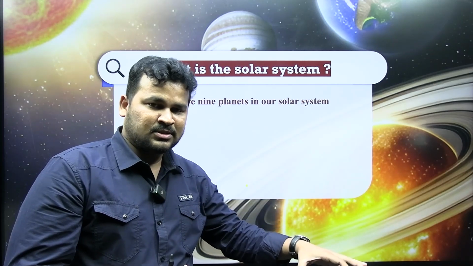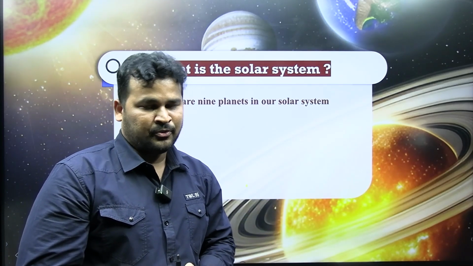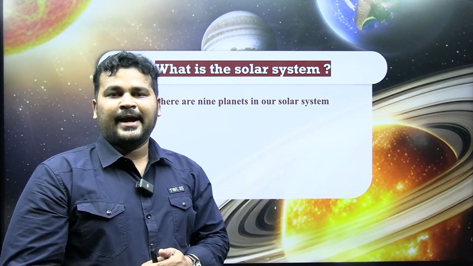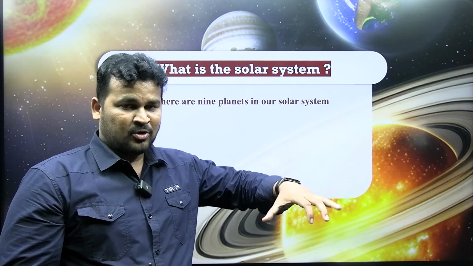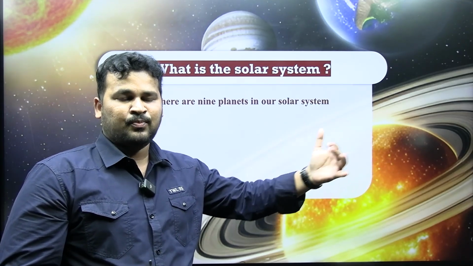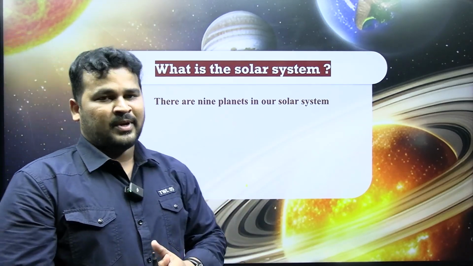After 2006, after the decision taken by the International Astronomical Union, 9 planets were converted into 8 planets. Among the 9 planets, 1 planet was thrown away. That is Pluto. So that's why now we have 8 planets only.